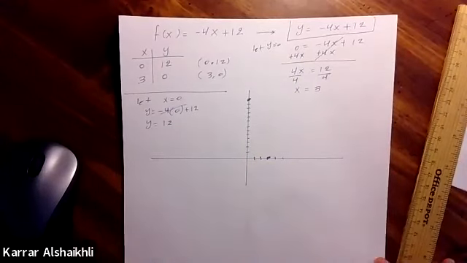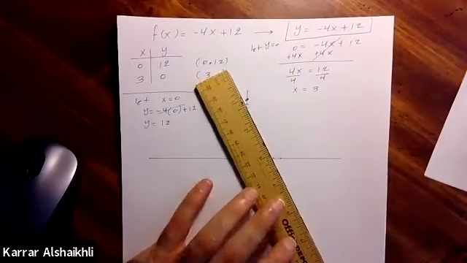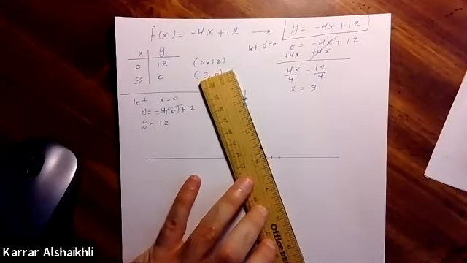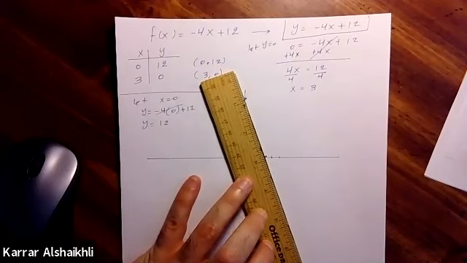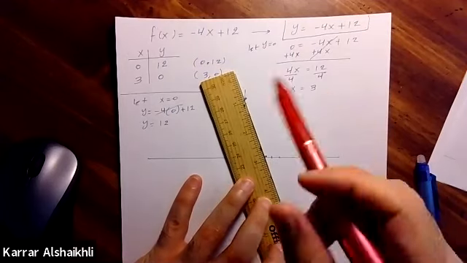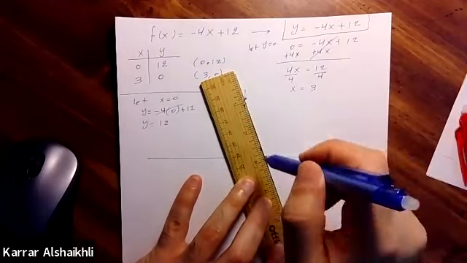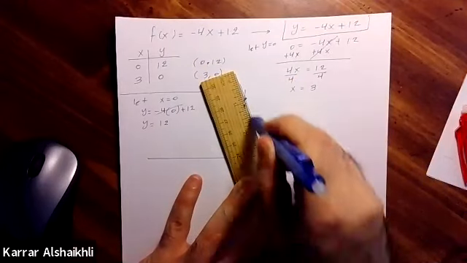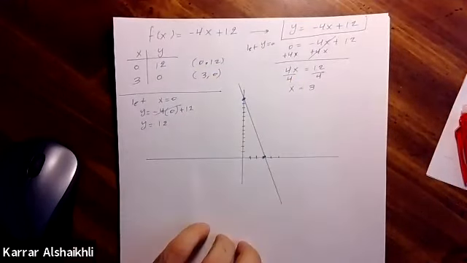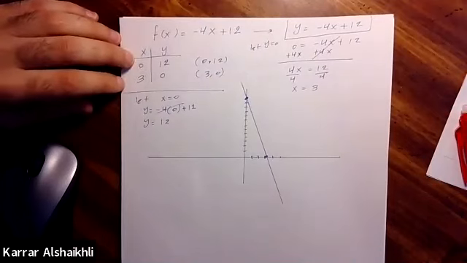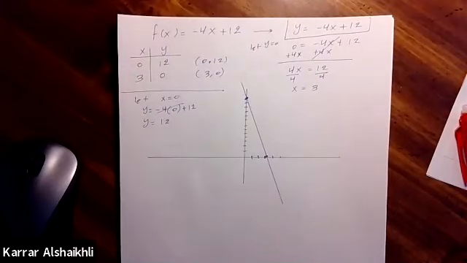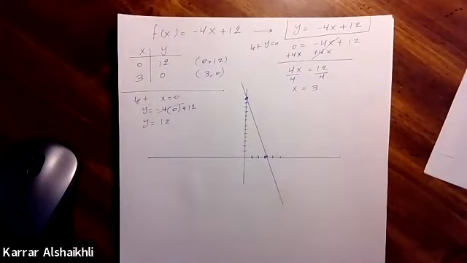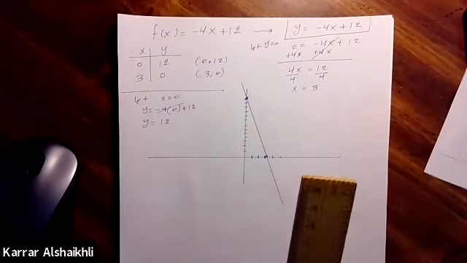You see, I got 2 points. So when I graph a line between these 2 points, this is the line between these 2 points. Now I have the graph of the function. It's easier for me to use the vertical line test and horizontal line test.